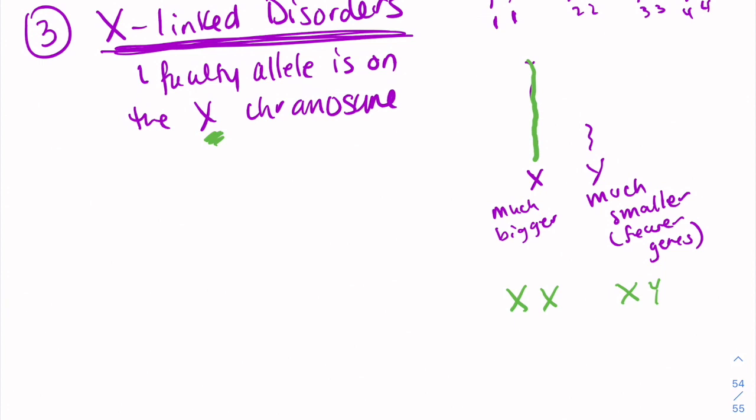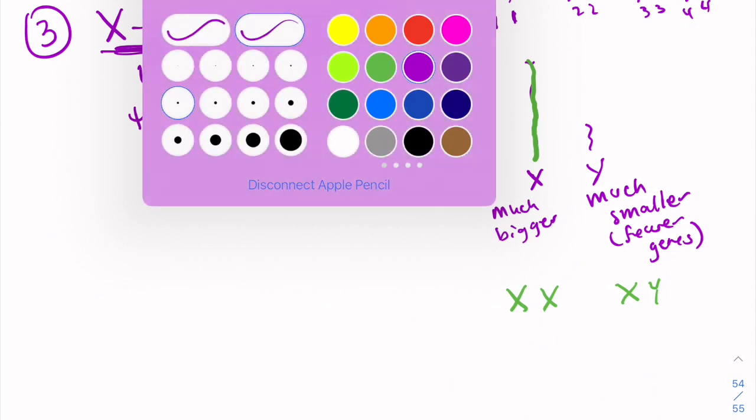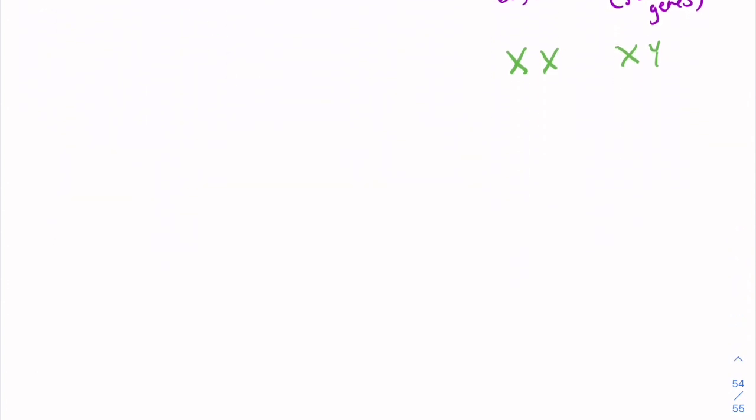And let's take a look at an example of this with red-green color blindness.